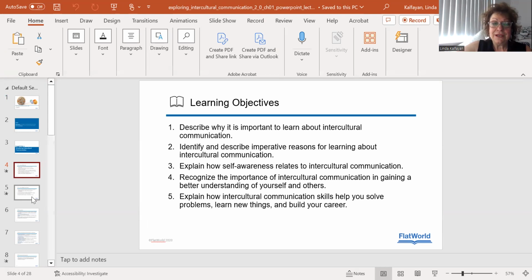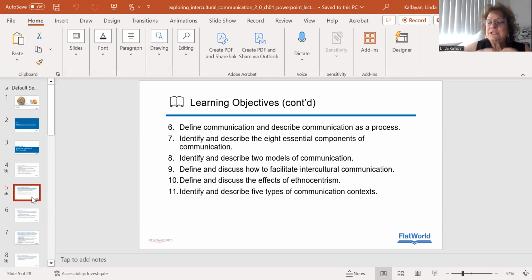Bingo, says it all. Okay, it's going to continue into defining it and identify 8 essential components of it, identify and describe 2 models. And again, if you took speech COM 109, you probably would know number 8 anyway, but we like to refresh your memory. Define and discuss how to facilitate. So facilitating is just like basketball.